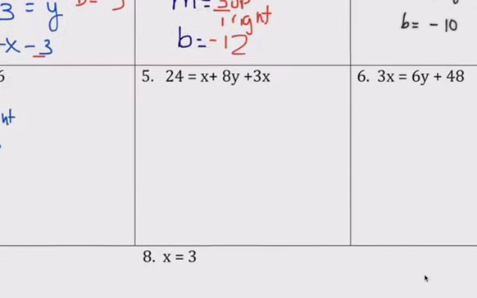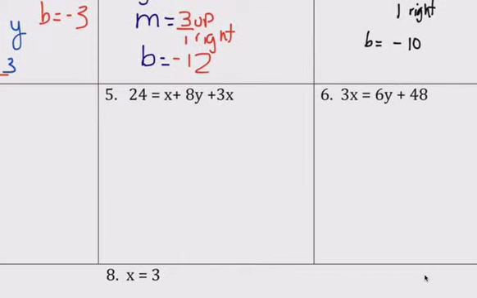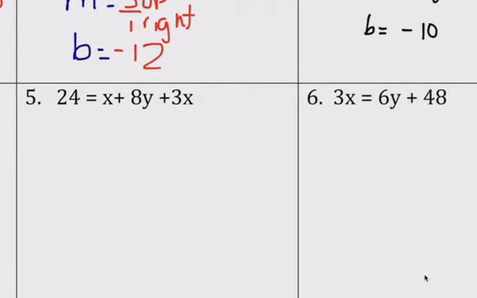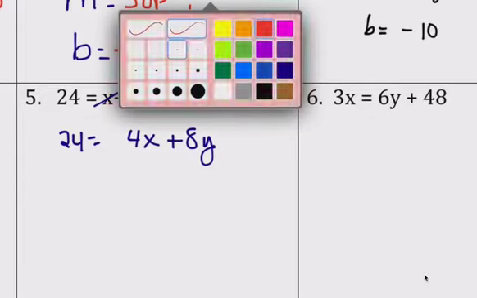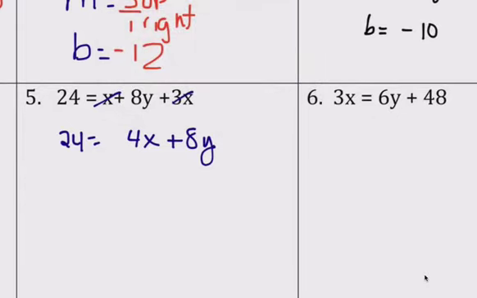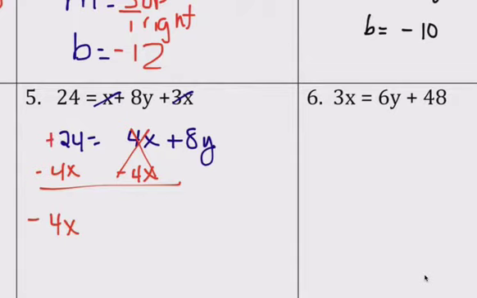Here we go on number 5. Well, we need to combine like terms. Here's 24 equals, combine this to 4x plus 8y. We get rid of the 4x first, minus 4x, minus 4x, which gives you negative 4x, and this is a positive 24 equals 8y.